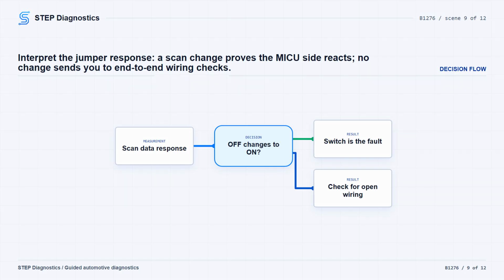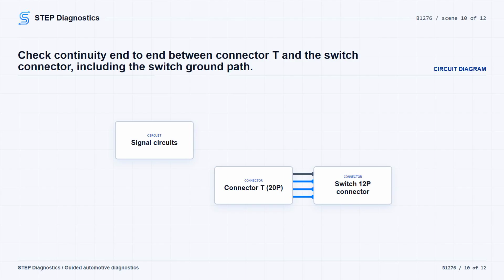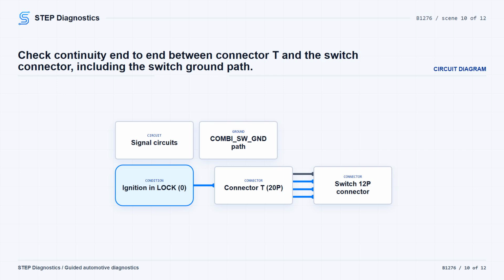For the open wire check, turn the ignition switch to lock 0 and disconnect under-fuse/relay box connector T, 20P. Now check continuity end to end on the switch circuits. Check H/L OFF/SW between connector T, 20P no. 1, ORN, and combination light switch 12P connector no. 1, ORN.